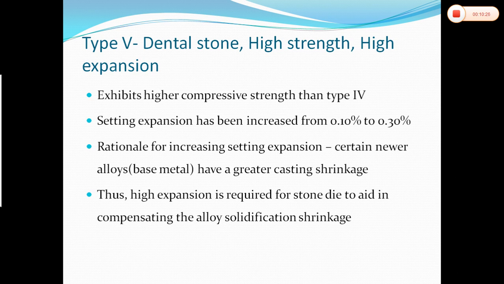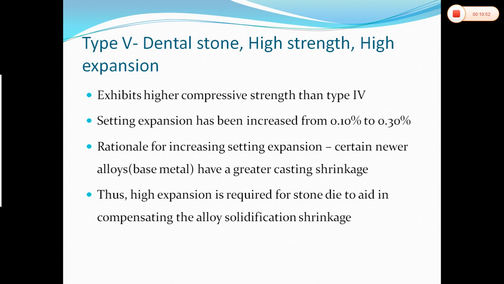By these two counteracting each other, we get a normal, final tooth-shaped crown. So to prevent the casting shrinkage, this expansion is being utilized. That's why dental investments have expansion built in.